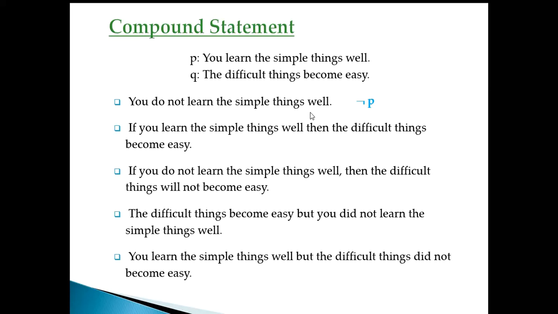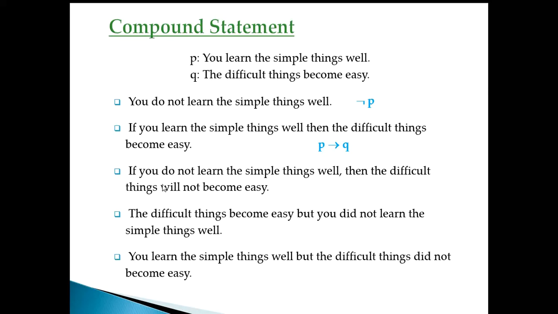Next, if you learn the simple things well, then the difficult things become easy. Which connective is used here? If-then, so the conditional connective is used: if you learn the simple things well, means if P, then the difficult things become easy, Q. So the representation is P implies Q, right?